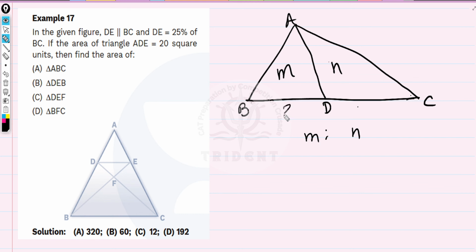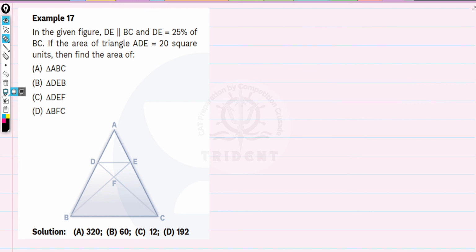For example, if this is 2 centimeter and 7 centimeter, the areas are not going to be 2 square units and 7 square units. They could be 2 and 7 also, but then the areas will be in the ratio 2 is to 7. Again, I'm not proving it; you can prove it very easily. So these are the couple of ideas that will be used.